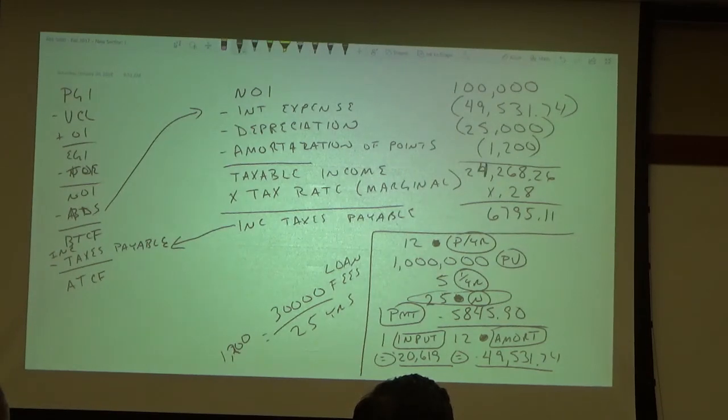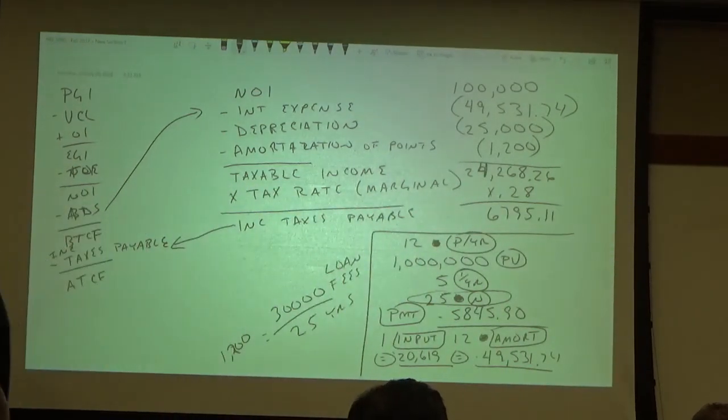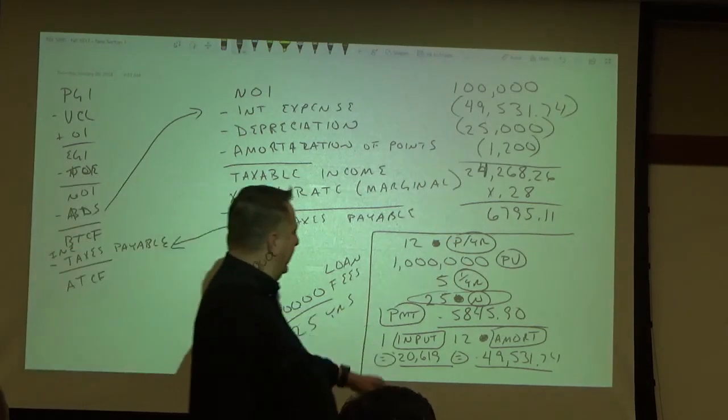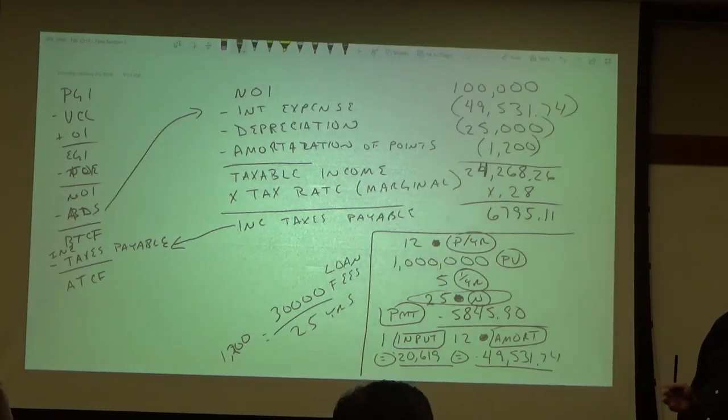Okay. Now, the reality, and this once again, tax world versus real world. The reality is, it's very possible you could sell this property after 1 year, and the property might sell for something dramatically higher than what you had originally paid for it and whatever the loan amount was.